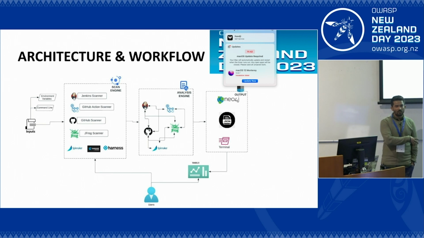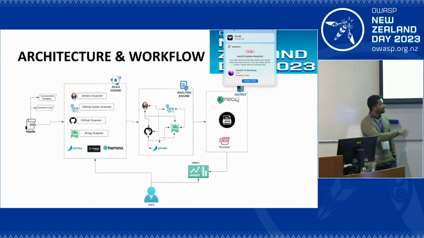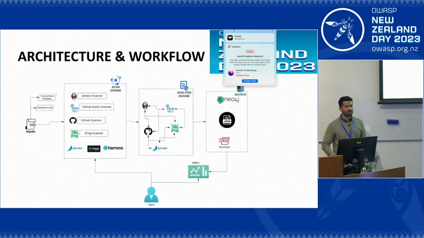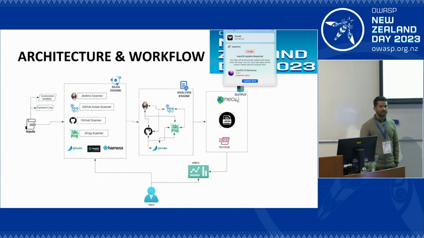That JSON output will contain all the information available in the Neo4j database. On top of that, there is a very basic web UI which helps you identify the different nodes and the relationships between whatever output your scanner is able to identify.